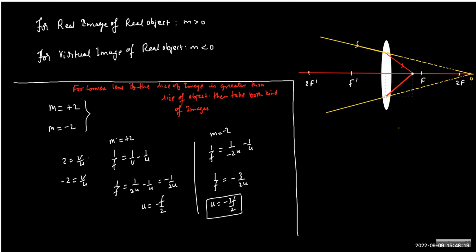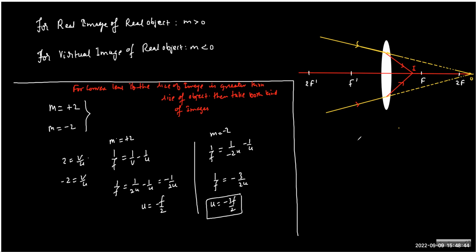I hope you can clearly see what is happening. The image is real or virtual? Real. So the object is virtual, and for a virtual object, the image is bound to be real. There is no option of virtual being virtual.